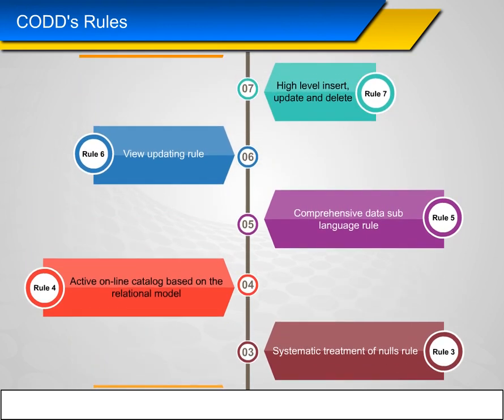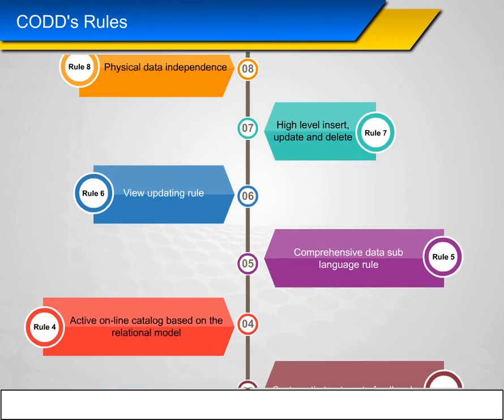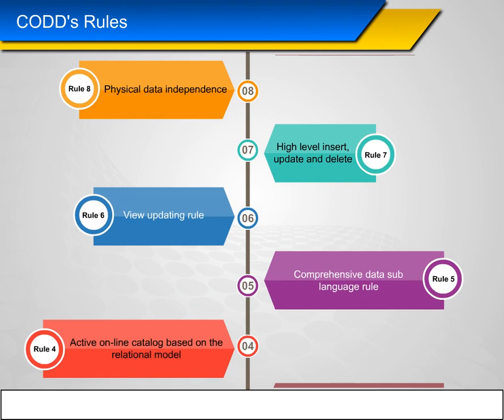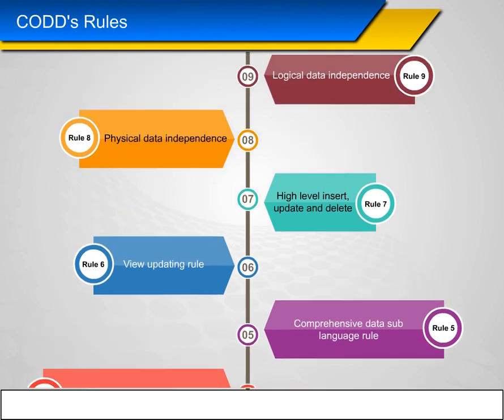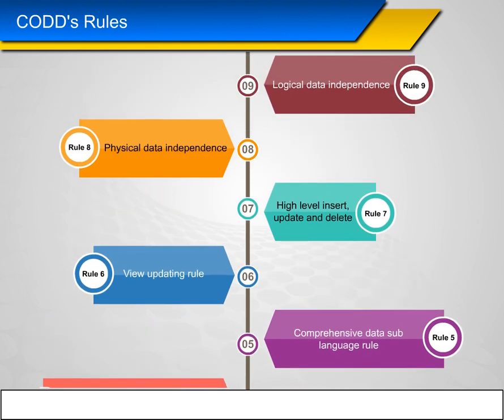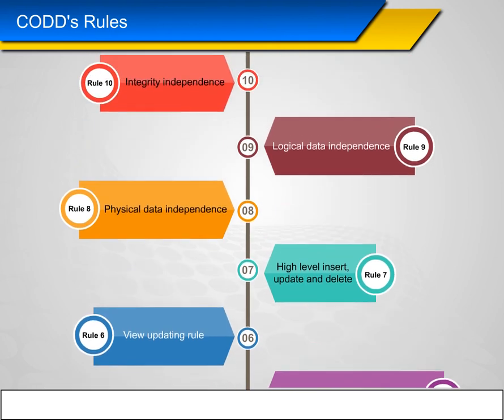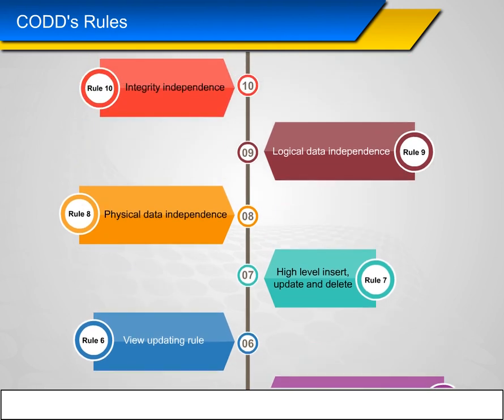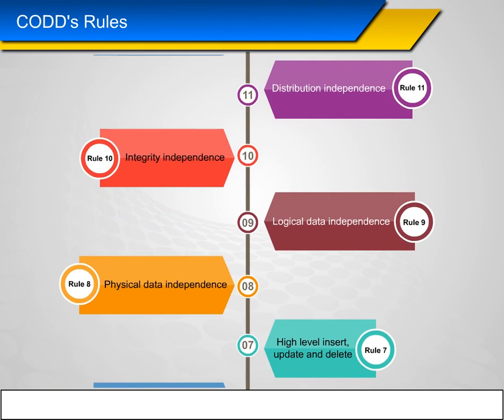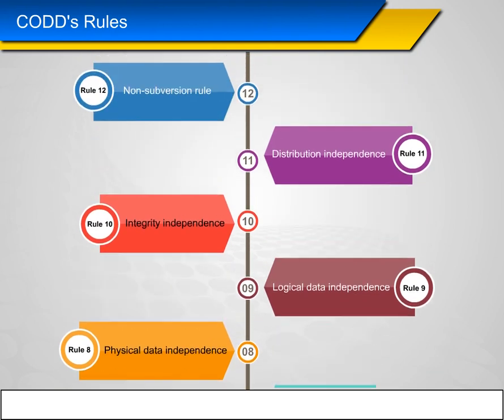Rule 7, High-Level Insert, Update and Delete. Rule 8, Physical Data Independence. Rule 9, Logical Data Independence. Rule 10, Integrity Independence. Rule 11, Distribution Independence. Rule 12, Non-Subversion Rule.